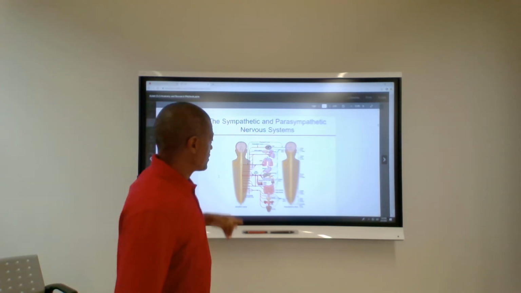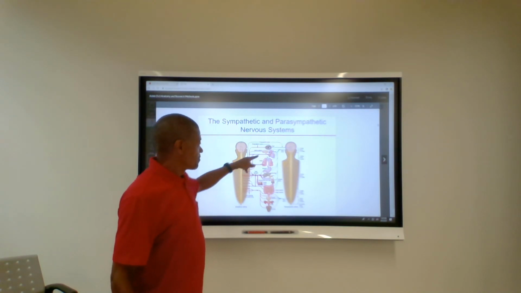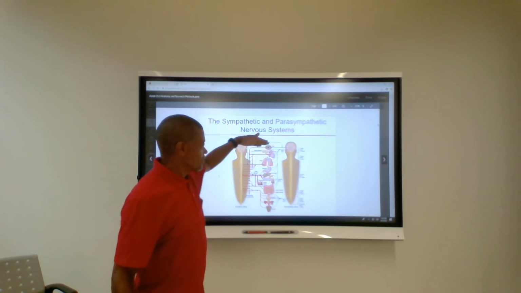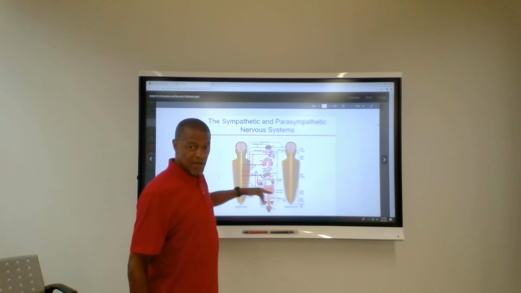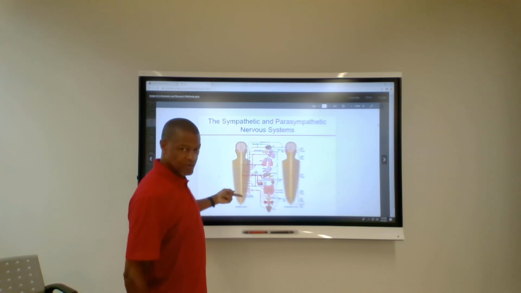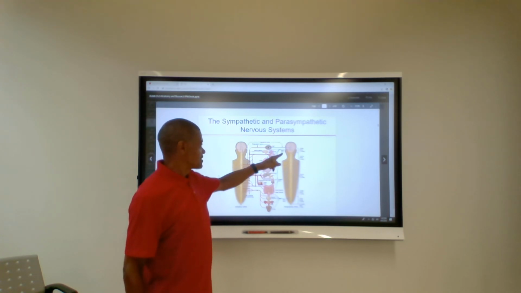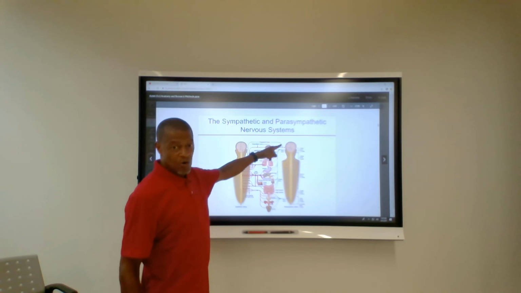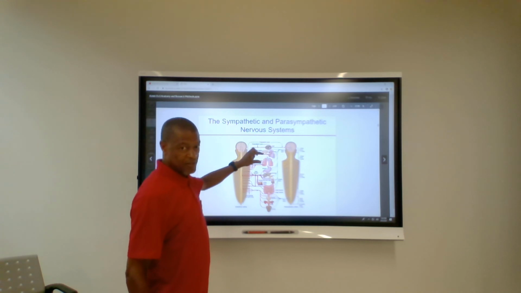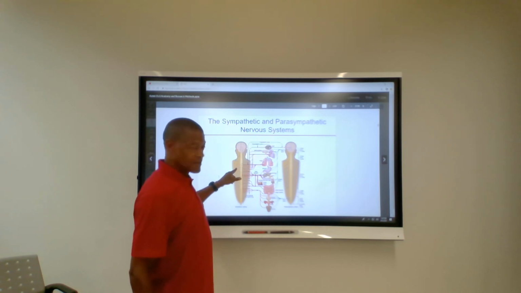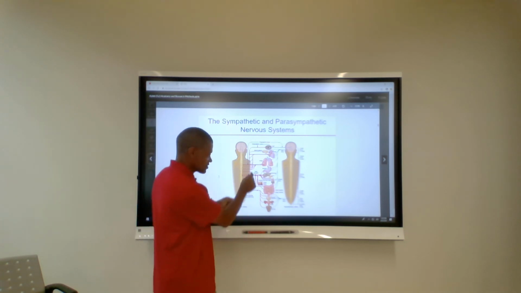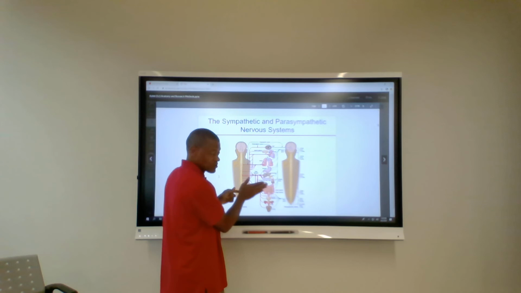And so the blue here shows it from the top and bottom. The red here shows it coming from the middle. So the top goes as a long axon that gives to the body part and a short one. The sympathetic has a short one going through a chain right here, a sympathetic chain, and then it goes to the organ.